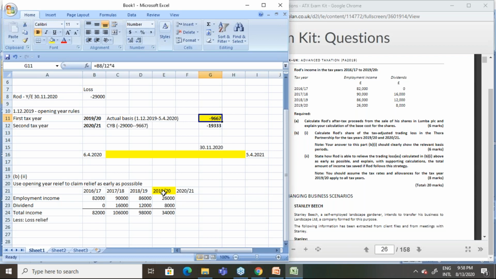That loss you can carry back for a period of 3 years to set off against the total income according to first in, first out basis. So when you apply the first in, first out basis, you have to start with the earliest year first, that means 16-17. For 19-20, you have a loss of 9,667, which you have incurred within the first 4 tax years of the business.